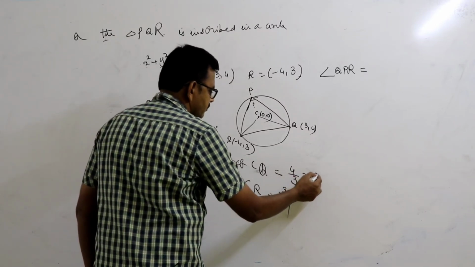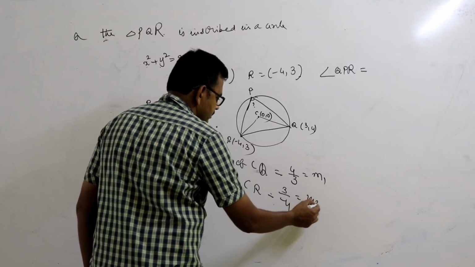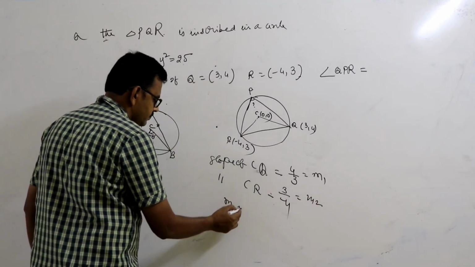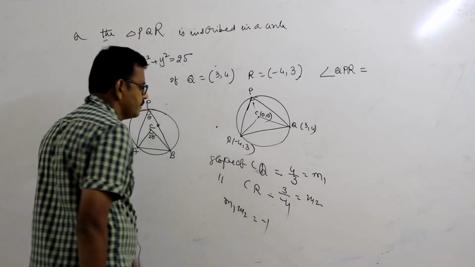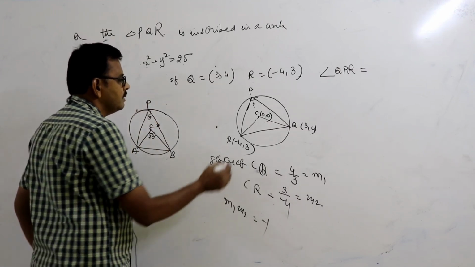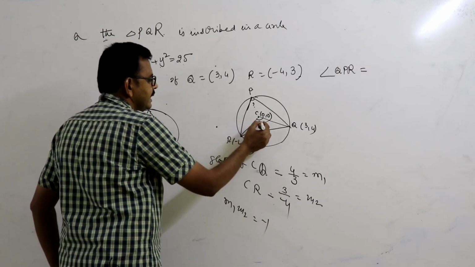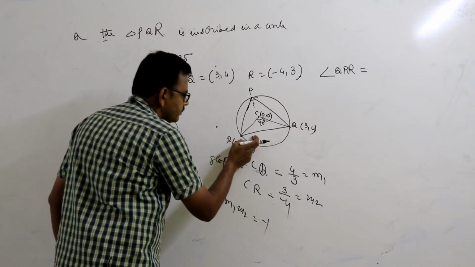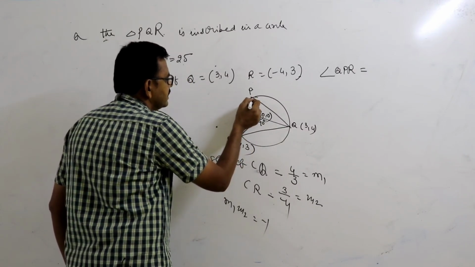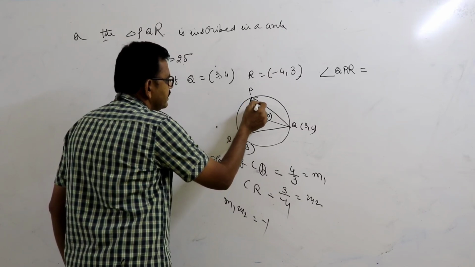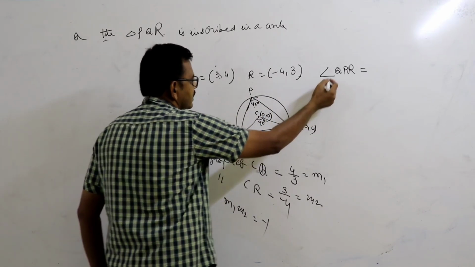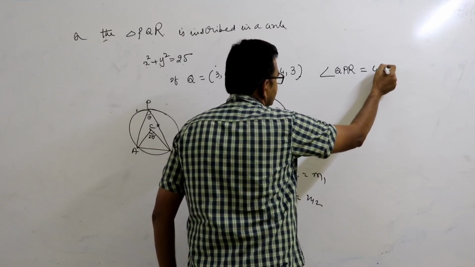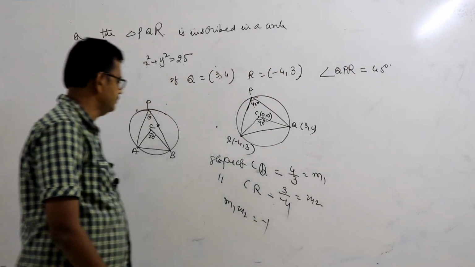Like this is M1 and this is M2. So M1 M2 is equal to minus 1. So this QR makes an angle 90 degrees at its center. So the angle here is 45 degrees. Therefore, angle QPR is 45 degrees.